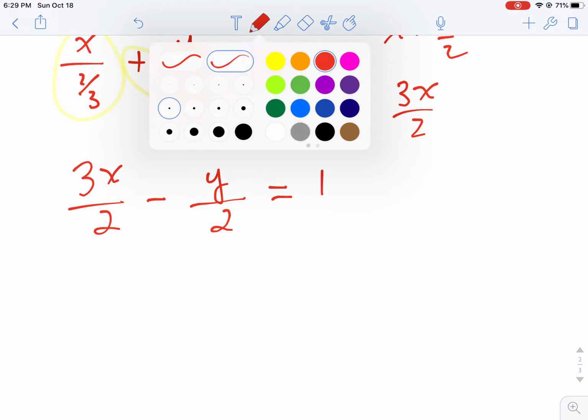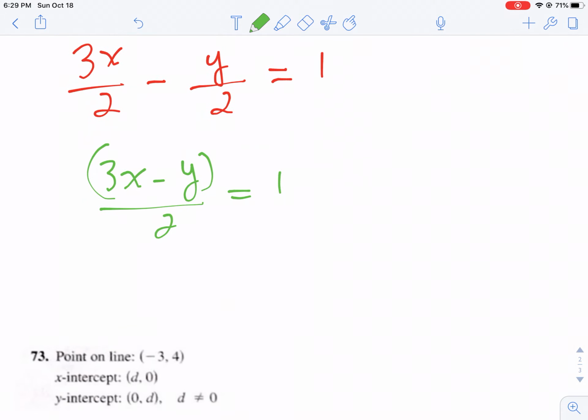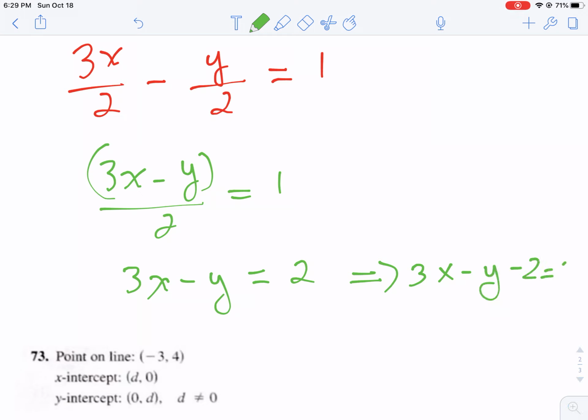So you have 3x minus 4y all over 2 equal to 1. You can cross multiply. And then make sure that you put the 2 over on the left side. And hopefully if you check the back of the book, this is the answer, okay?